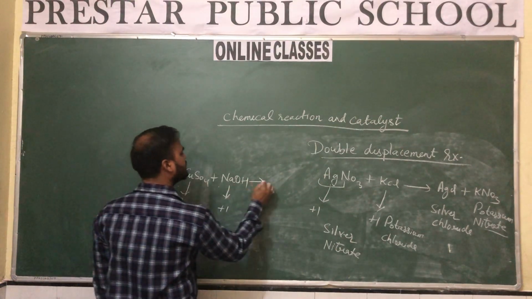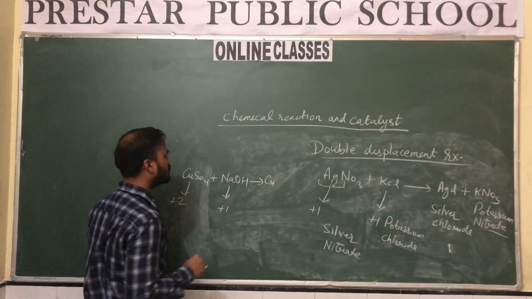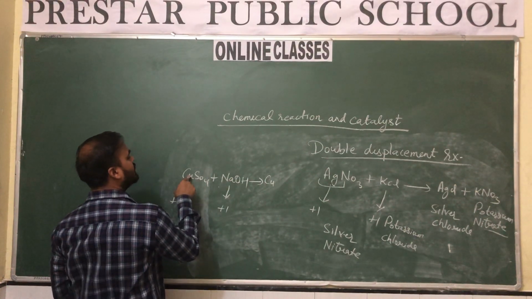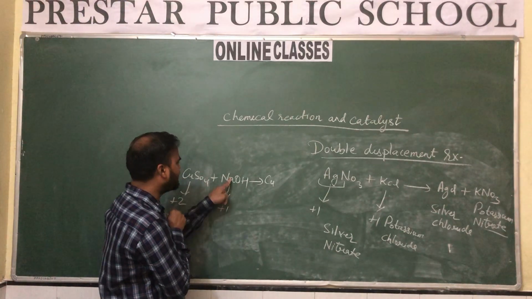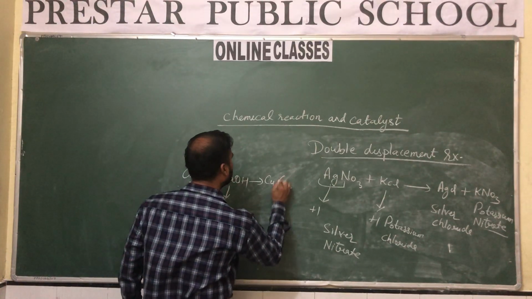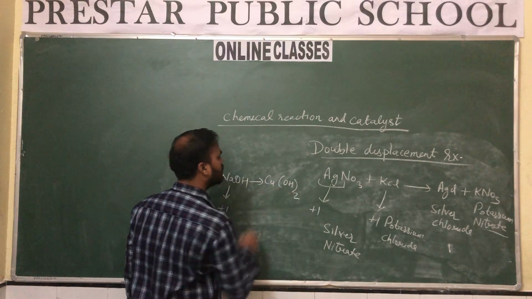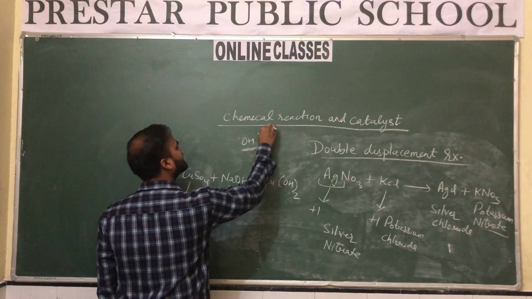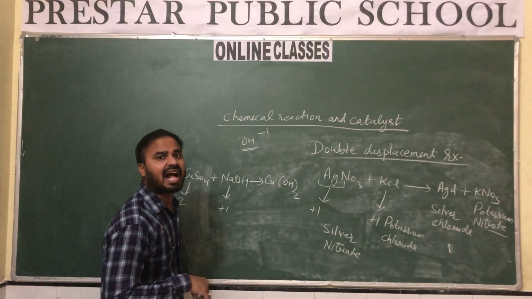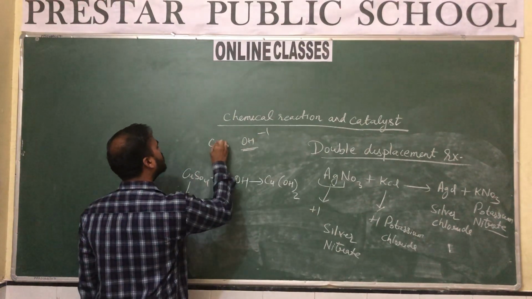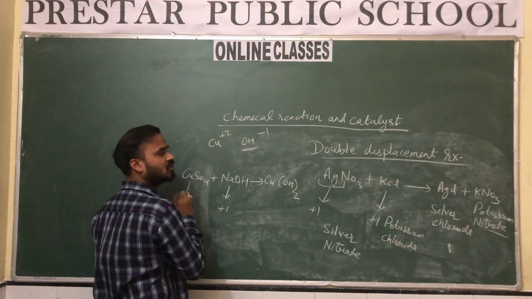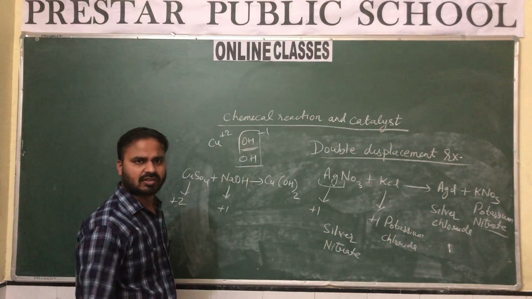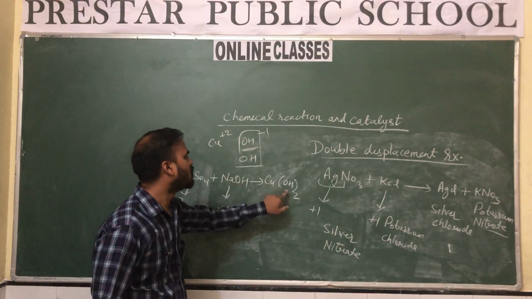So when it displaces, Cu takes the position of sodium. OH has a valency of -1, and Cu has a valency of +2, so two hydroxyl ions will come. That's why it becomes Cu(OH)2.